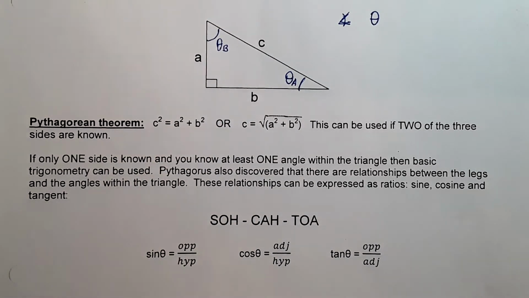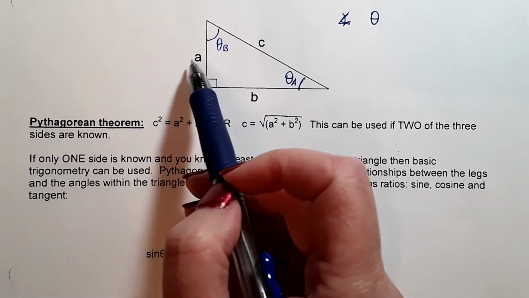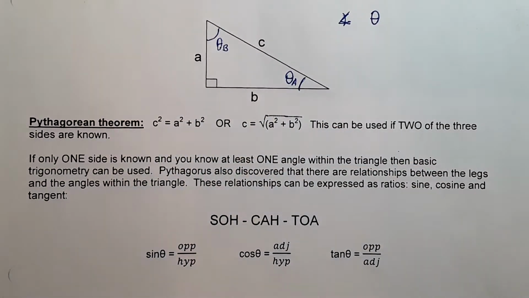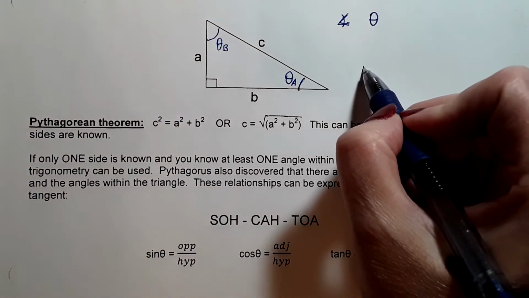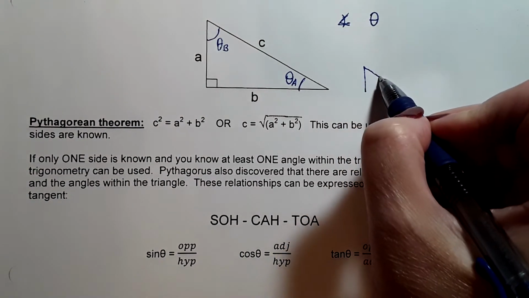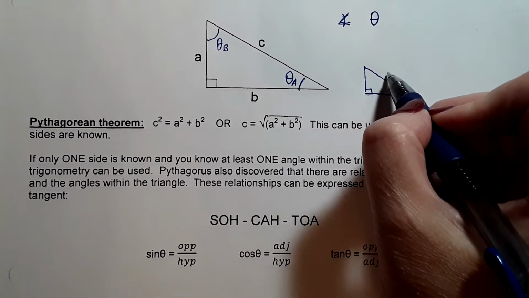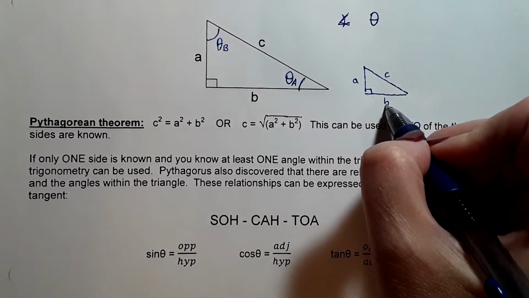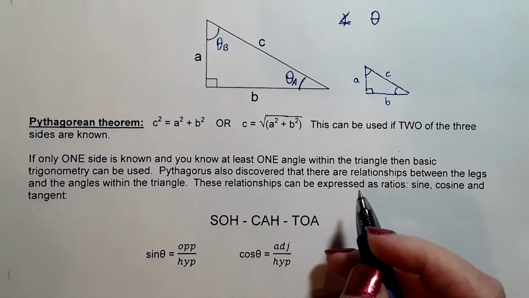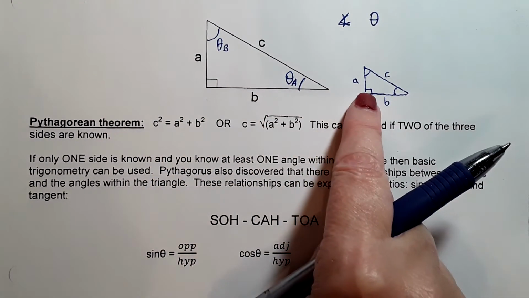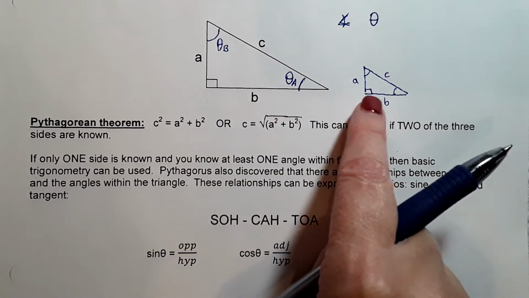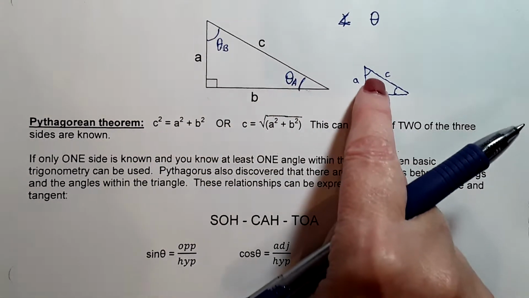Now, Pythagoras realized that there are some relationships between the sides and the angles inside the triangle. In fact, he found that if you have two similar triangles, for example, if I drew a triangle similar to this one, like this, if we have two similar triangles, the angles inside are the same.